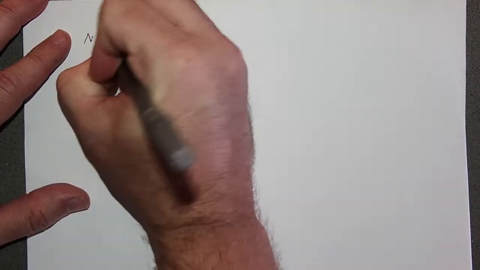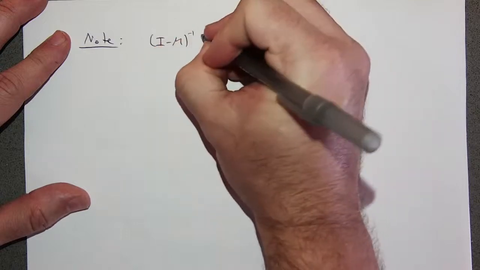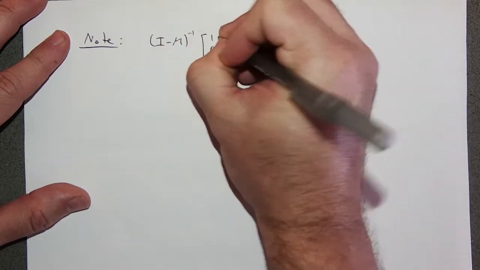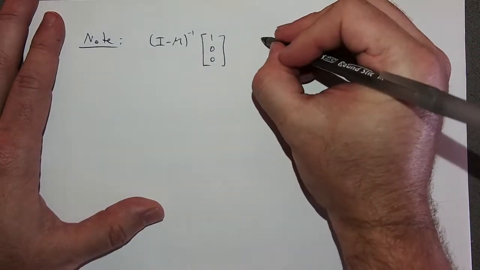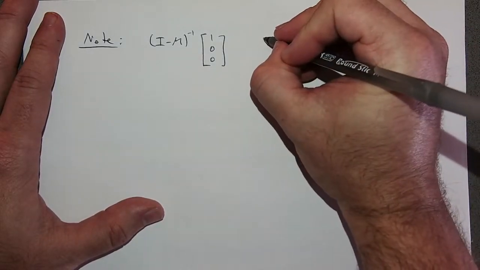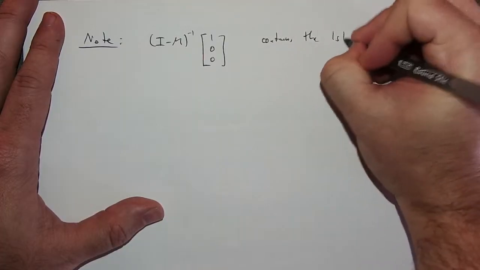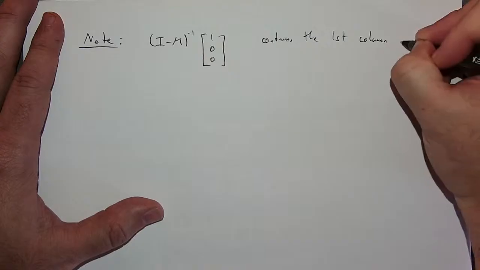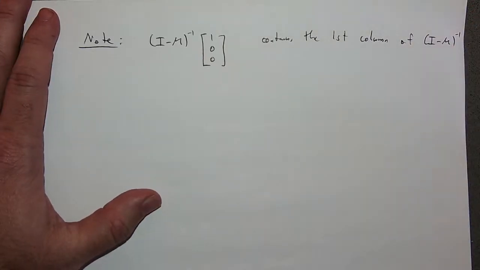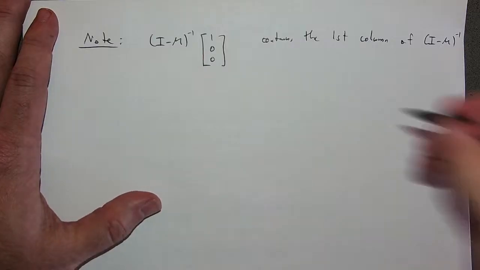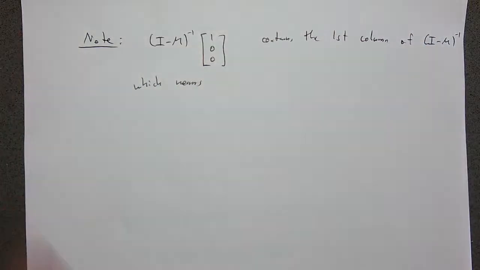So note, (I minus M) inverse times the vector 1, 0, 0 contains the first column of (I minus M) inverse, which means, well, what does that mean?